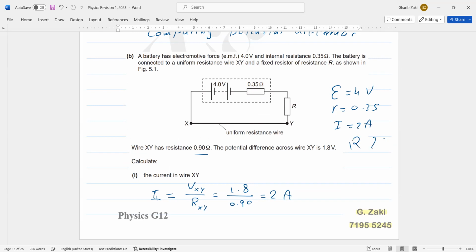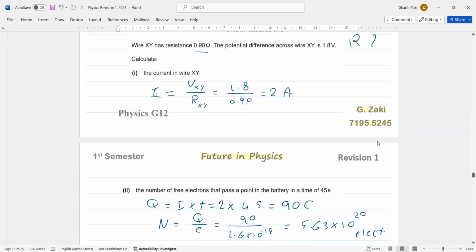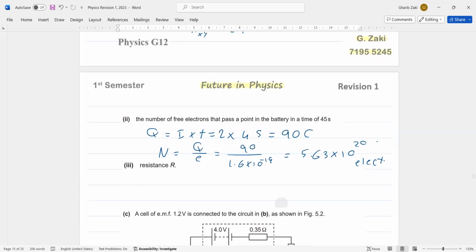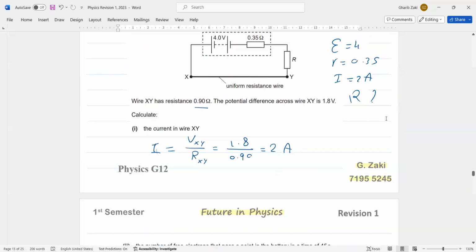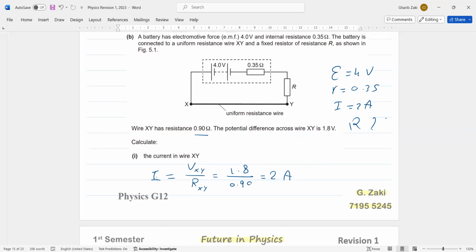And we need R. Then we use the EMF formula. So EMF equals I multiply R capital plus r small. EMF is 4, I is 2. R capital, wait. Here, we have also R of XY, not only R. So R total here is R plus R of XY.